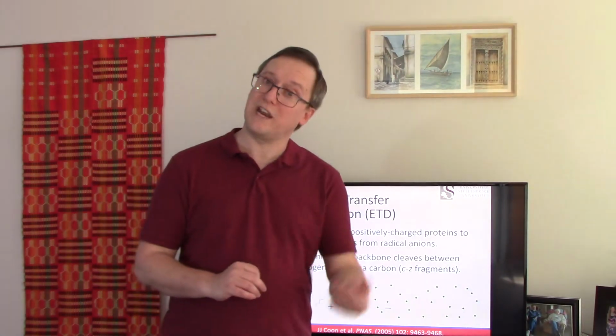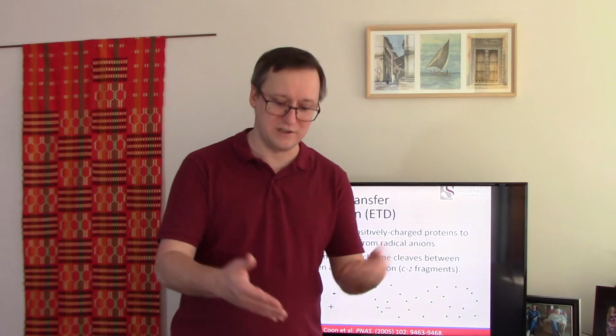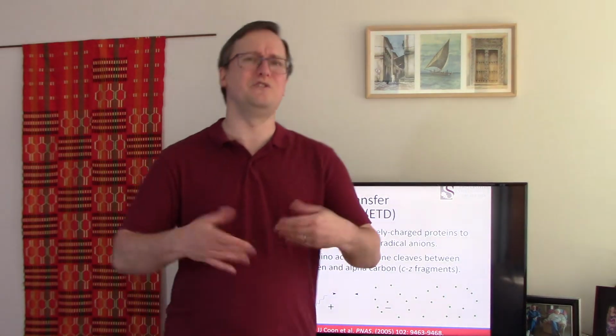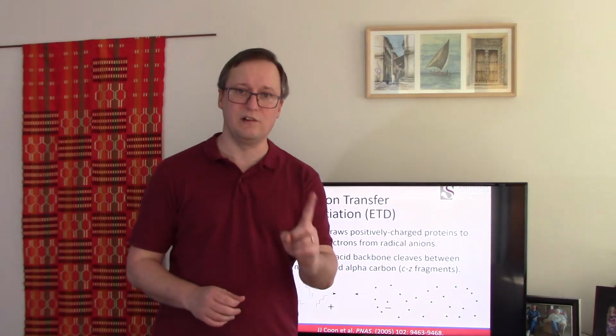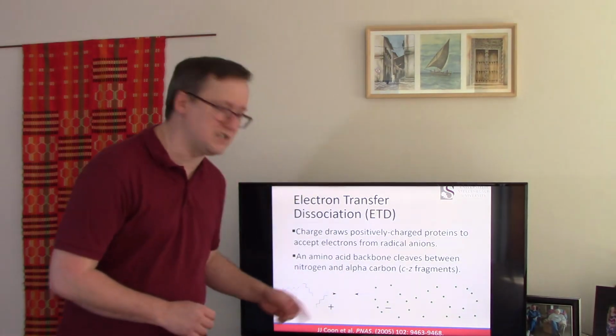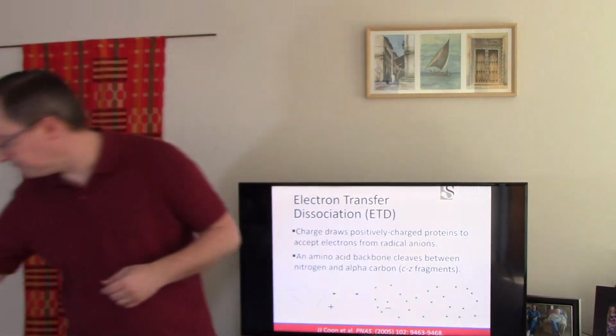Obviously, if you put a bunch of negatively charged ions in alongside a bunch of very positively charged ions, you're going to see reactions between them. And you might think to yourself, well, that's a neutralizing reaction, why would I care? But I want you to keep in mind that these anions are typically coming in with a single negative charge, and these proteins are coming in with multiple positive charges.